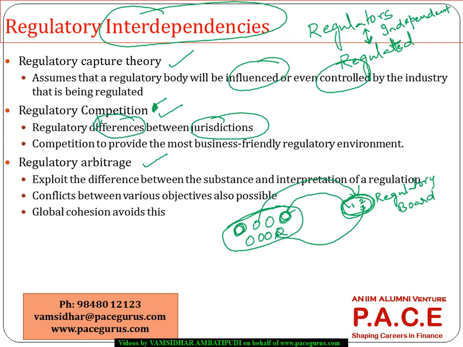Because of the competition existing among themselves, they try to provide the most business friendly regulatory environment without troubling the regulated entities too much. That's one more thing that needs to be understood by the analyst.